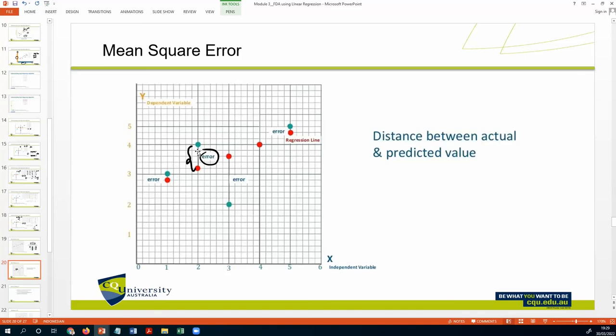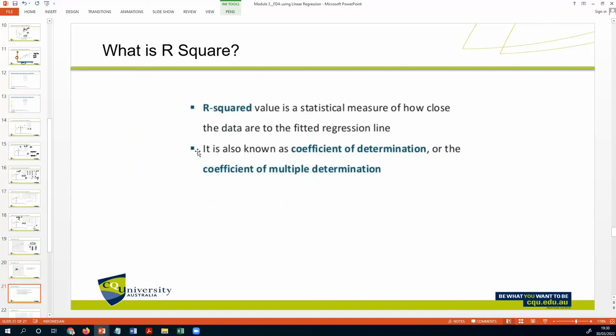So R-square is the statistical measure of how close the data are to the fitted regression line.